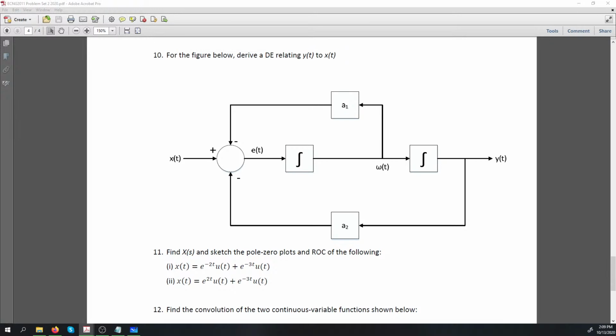Alright, so because we have an e of t signal here, we're going to obtain an equation for e of t by considering the inputs of the summation junctions here.